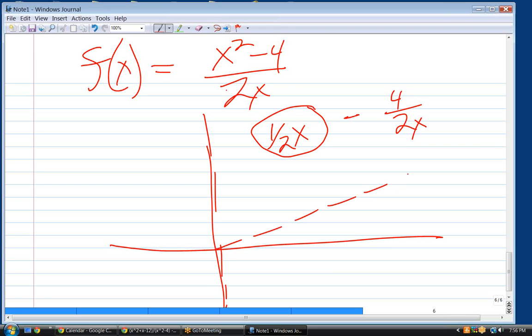It has a slope of 1/2 and goes through the origin. So there's my grid that I'm dealing with now on this function. And oblique asymptotes mean that the function approaches that oblique asymptote as x goes to infinity.